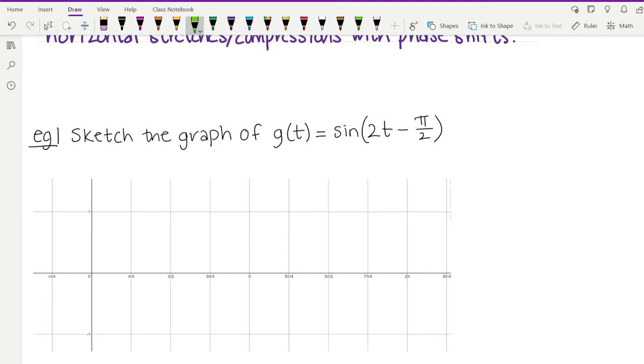So the first thing I think you'd say is, okay, the 2 on this t, that is going to be a horizontal compression by 1/2. And that part is actually correct. So that's why I'm writing it in green. I'm going to write all of the stuff that is not true in red so that it really stands out. So I'll put my little warning sign here and I say this is the wrong approach.